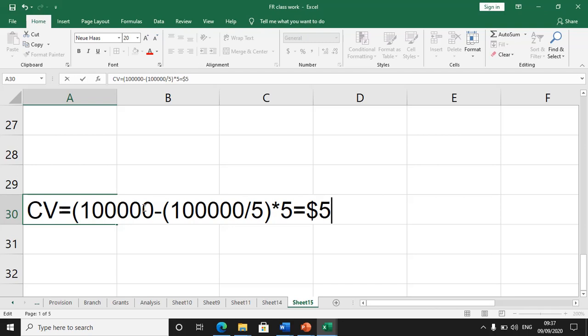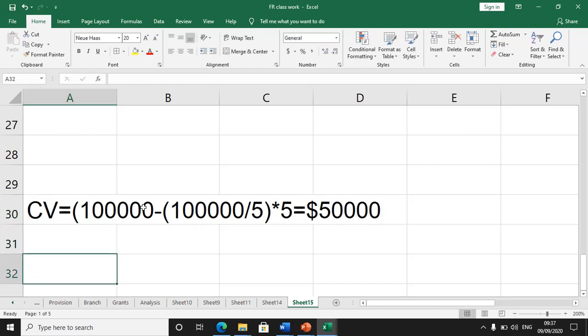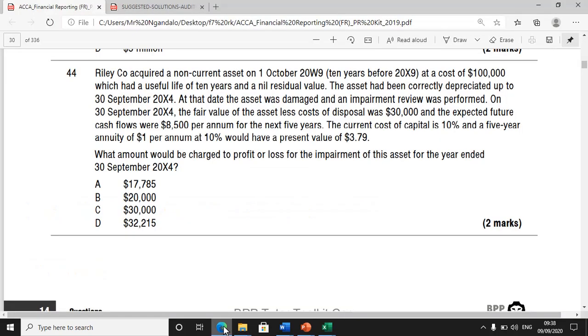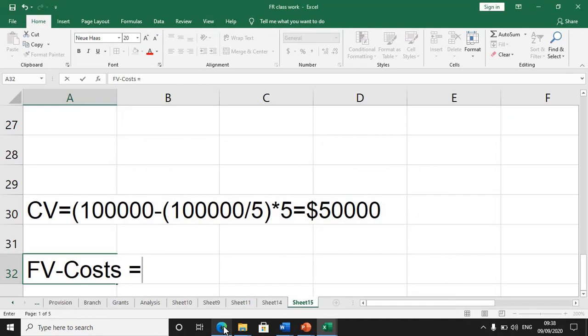So if I may just have that figure there, 50,000. And then the next thing that you need to do is to deal with the fair value less costs. How much is the figure? If I look at my question there, that is going to be 30,000. It's been given, so there's no need for us to worry.